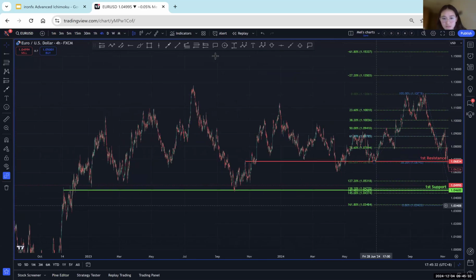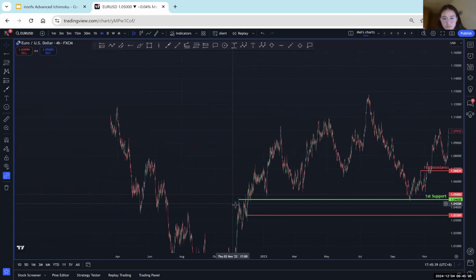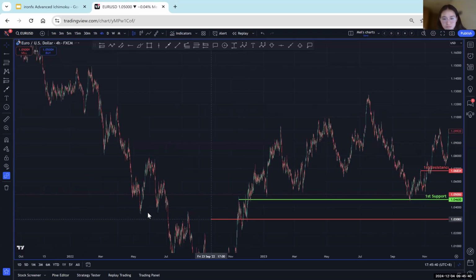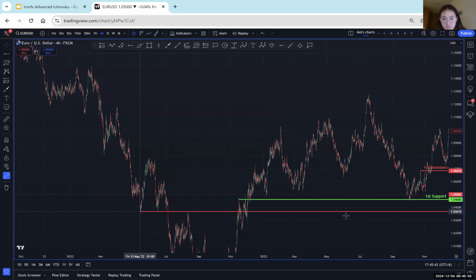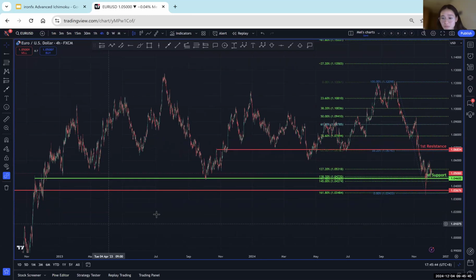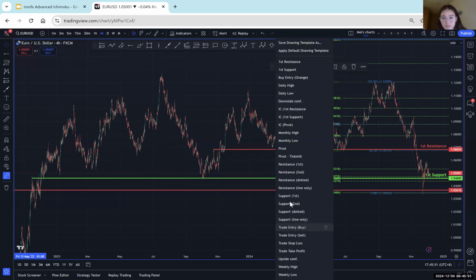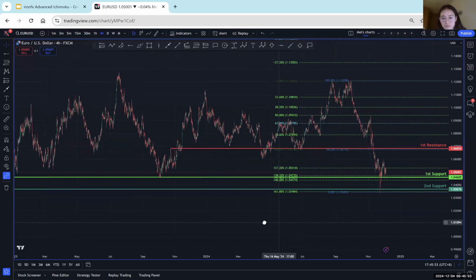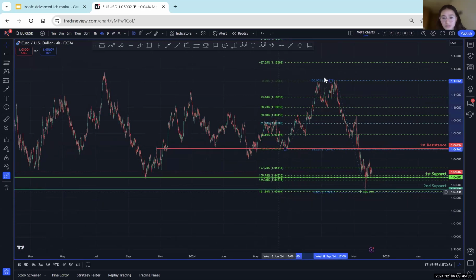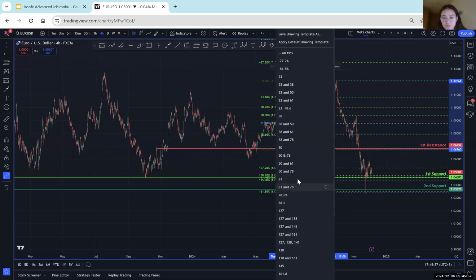Let's see if we have any levels here. Okay, this will be my second support. And this is in line with our 161. So I'll just keep that.